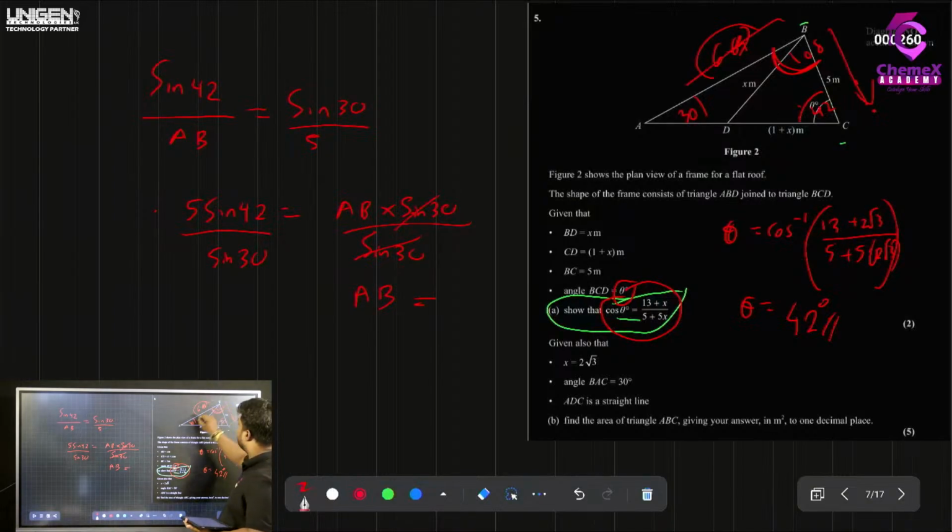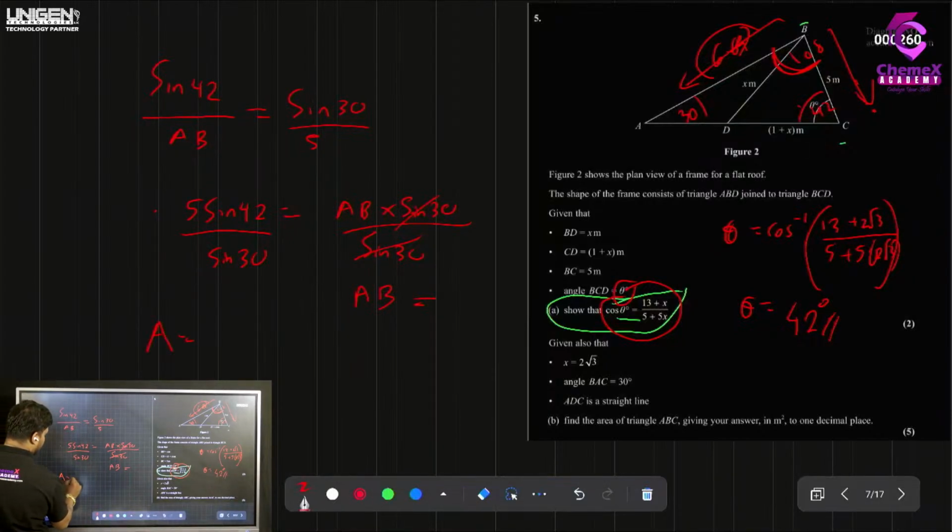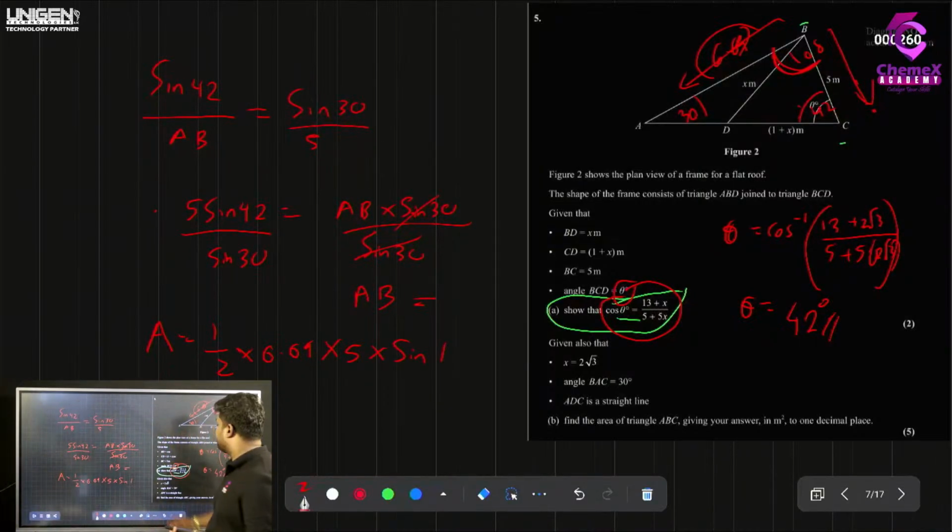We know this too. So what is the area equation? Area equals half times AB, which is 6.69, times 5 times sine 108. Can you get me the answer?